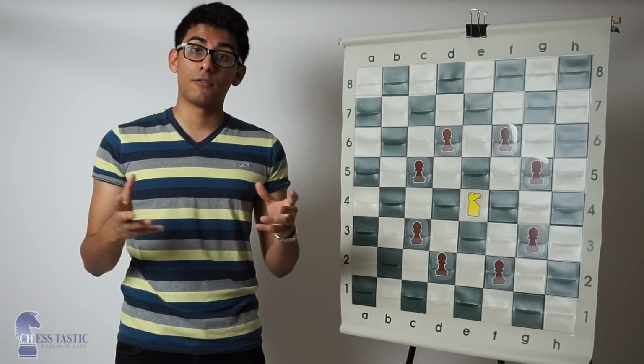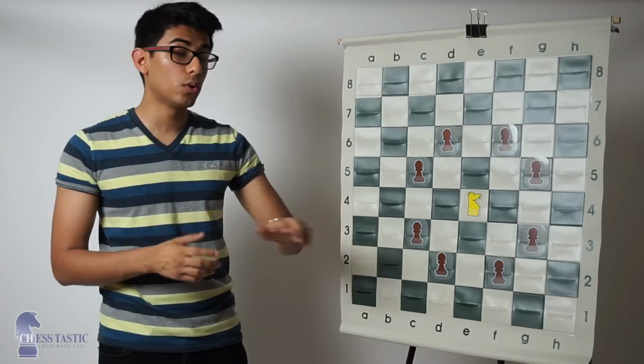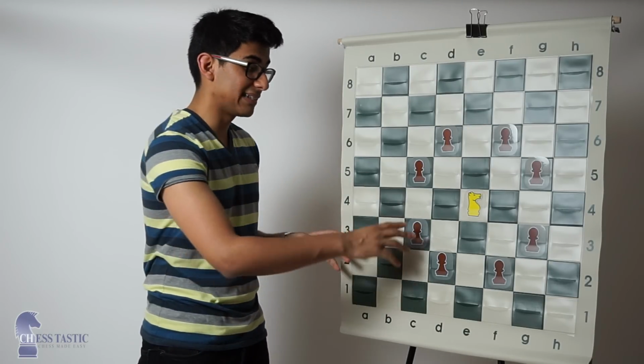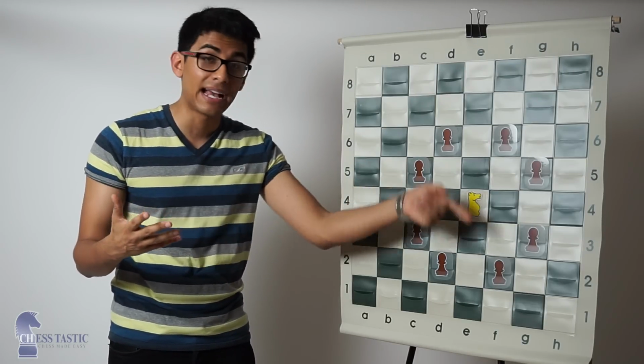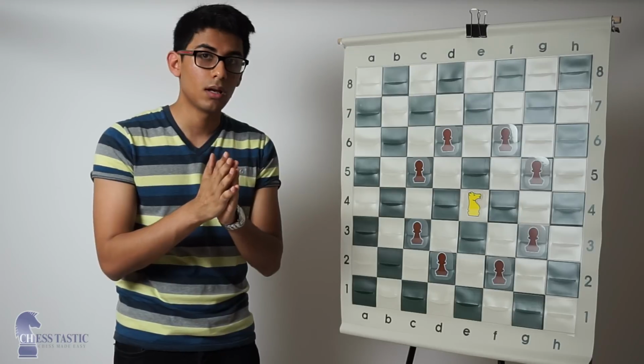Some of you might have already known that the knight on e4 can go to 8 squares. So this knight right now is like an octopus or like a monster, right? That's fascinating. Just look at how many squares it can control.